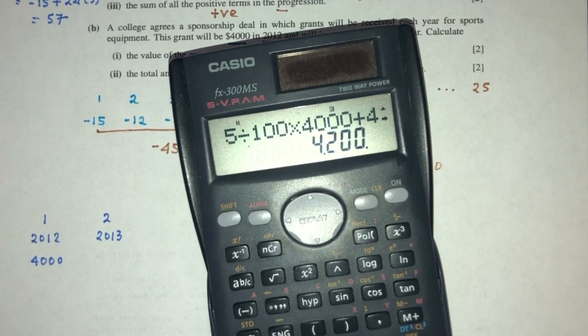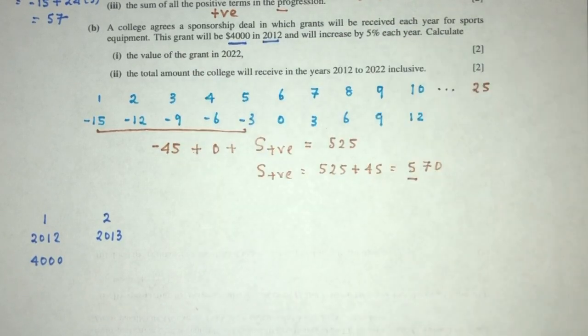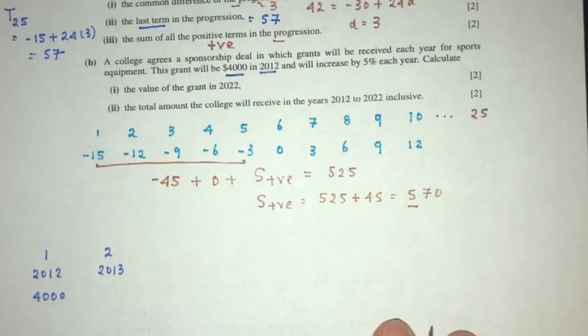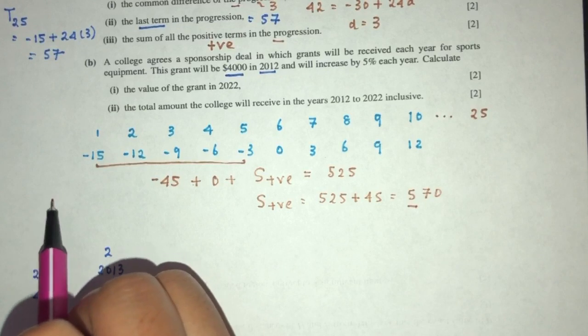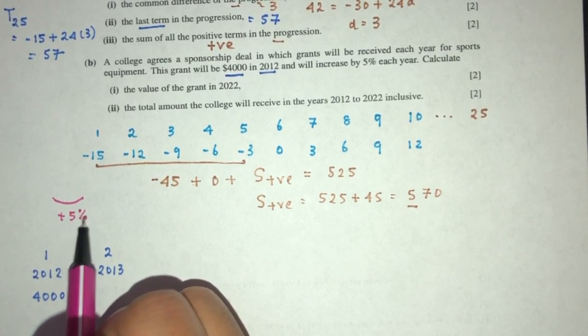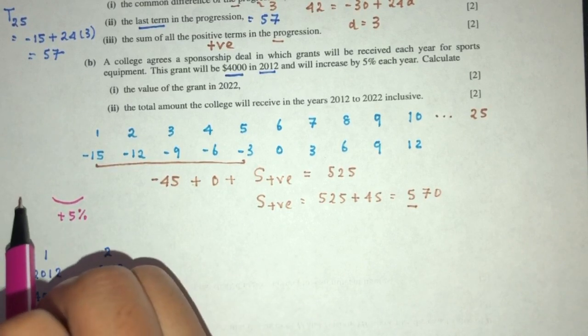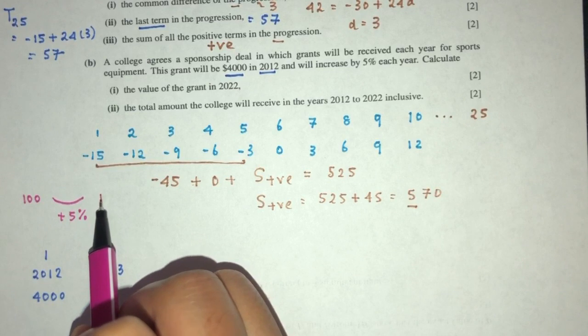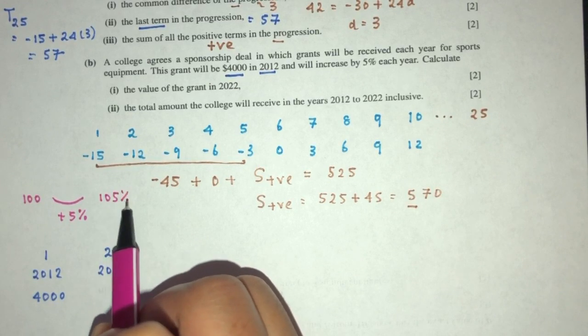It will be this amount. But how did we really find this? As we have explained before, many times, let me write this over here. So if you increase by 5%, right? Now we understand that the initial term is 100%. When you increase by 5%, it becomes 105% of the initial term.